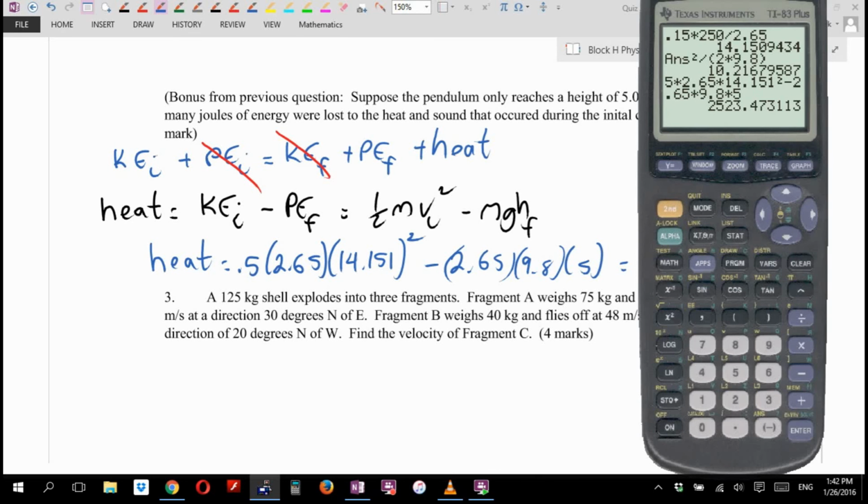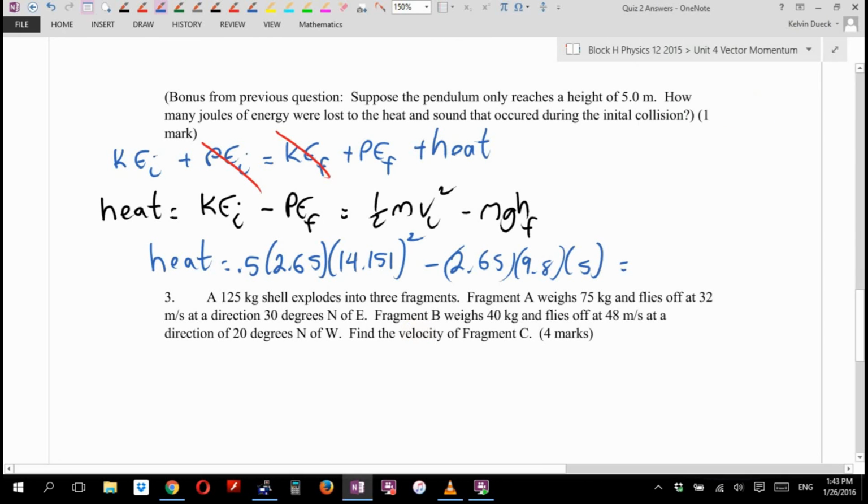Is that right? No? Yes? Am I wrong? I could be. Let's check my writing. Squared minus m g h. Isn't that right? Am I right or wrong, folks? Did you get that? Okay, if nobody got it, maybe I'm wrong.